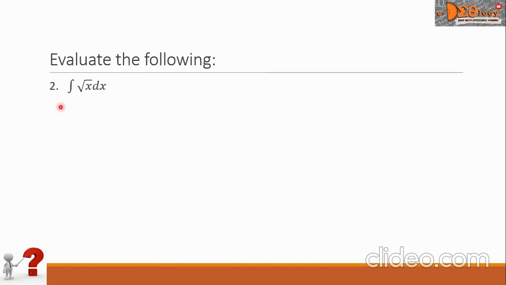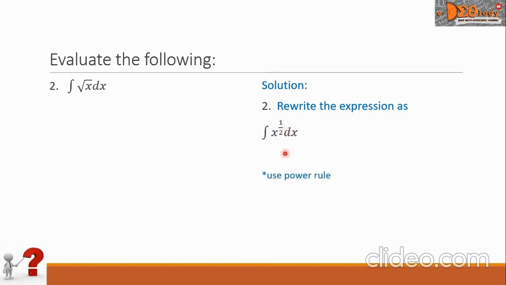Number 2, the integral of the square root of x dx. This time, we're going to rewrite this expression as x with a fractional power. So we have the integral of x raised to 1 over 2 dx. From here, we're going to use the power rule.